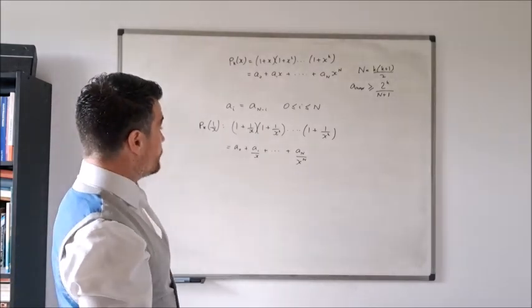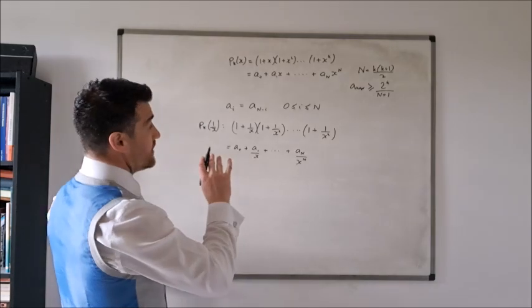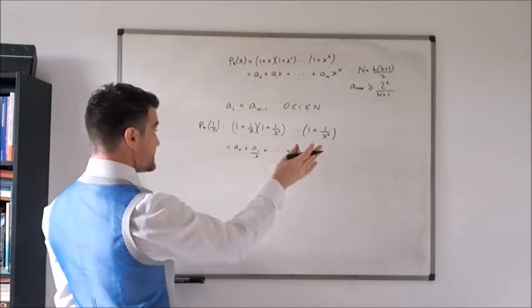Okay, so what do we do now then? Well, we can multiply through by x to the power of n, both sides.